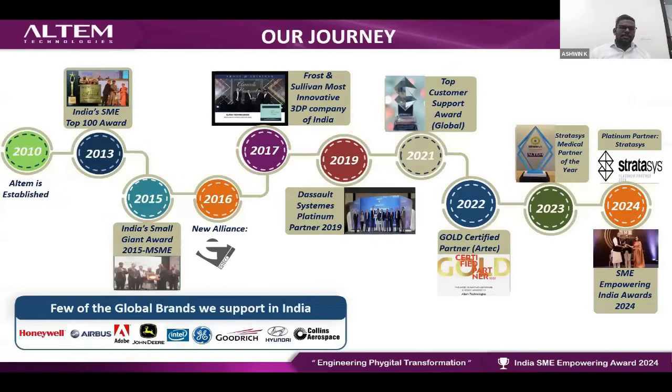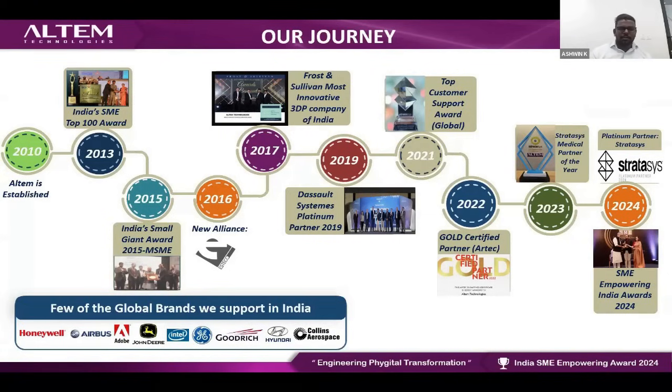So this is our journey. Altem was established in 2010, and from 2011 we have been in partnership with Dassault Systèmes. In 2013 we received India's Top 100 award, followed in 2015 by the India's Small Joint Award 2015 MSME.